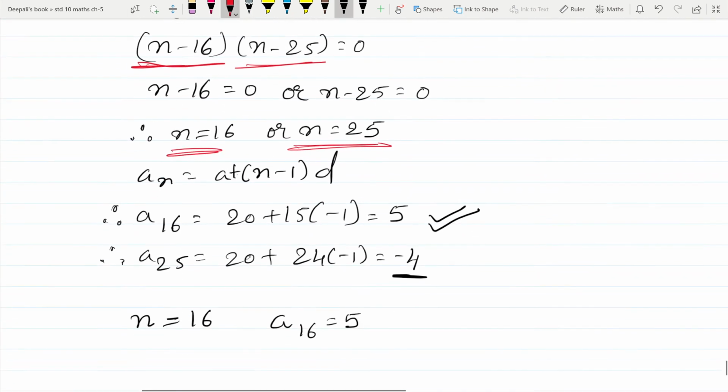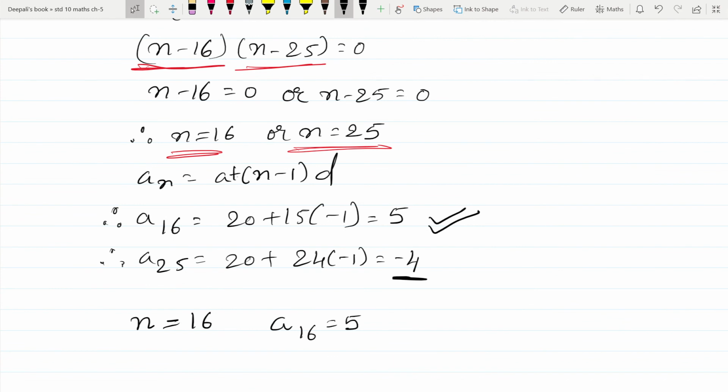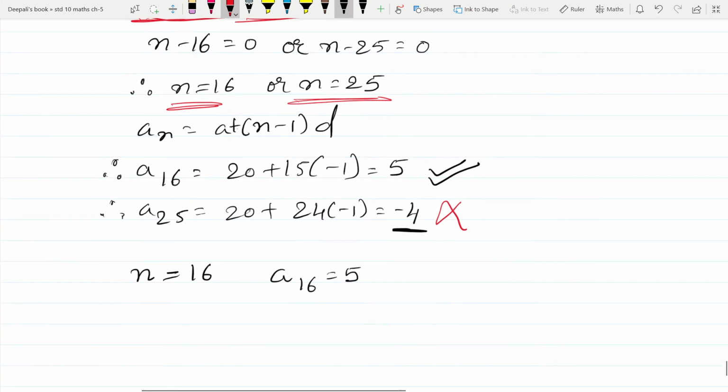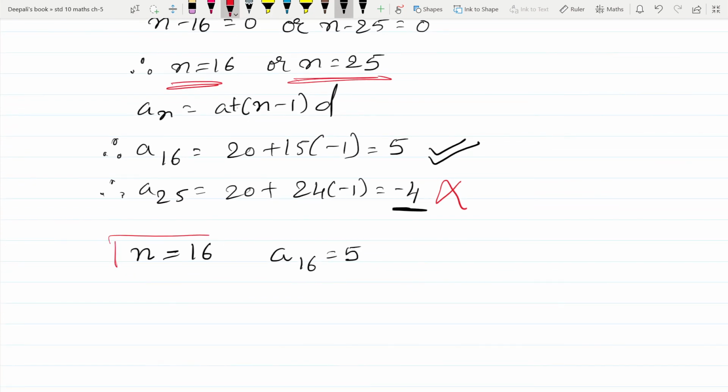Now if I replace the values in a16 and a25, I get 5 as a positive number and a25 as a negative number, which is not possible for our problem. And so n will be 16 and a16 is equal to 5.